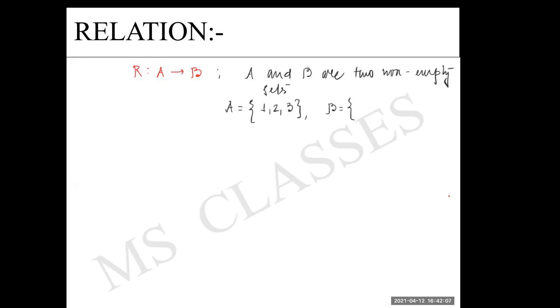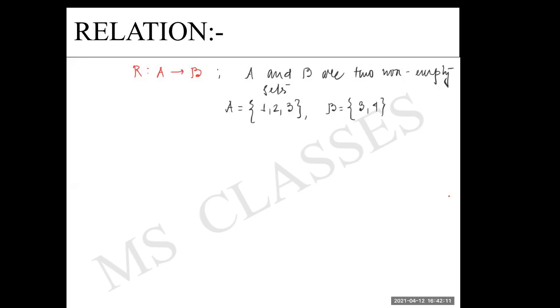I consider here two non-empty sets, one is A, one is B. A and B are two non-empty sets. Now, what is relation that we'll understand? Just for understanding, I take two sets as A = {1, 2, 3} and B = {3, 4}.